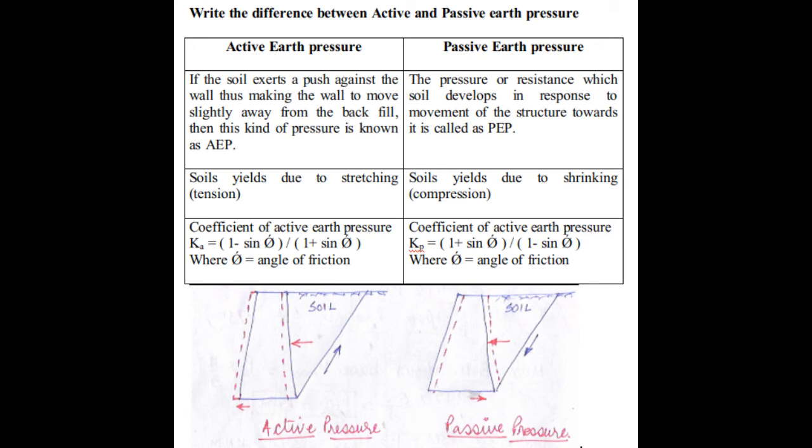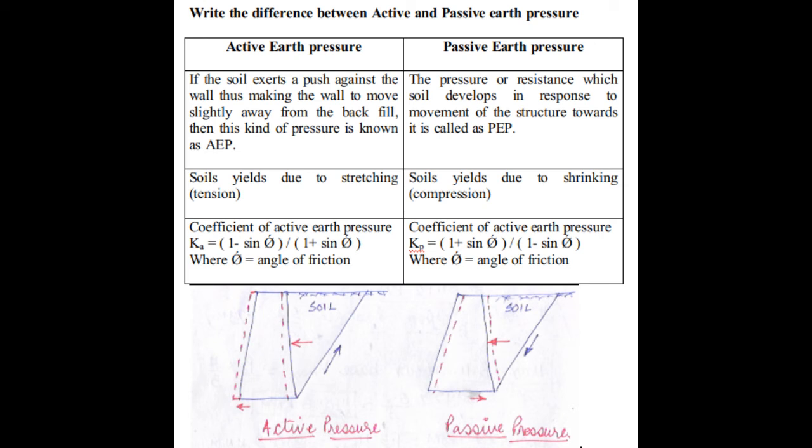In case of active earth pressure, the soil exerts a push against the wall, so the wall starts moving away from the backfill. You remember it this way: active starts with A, and it is moving away from the backfill.